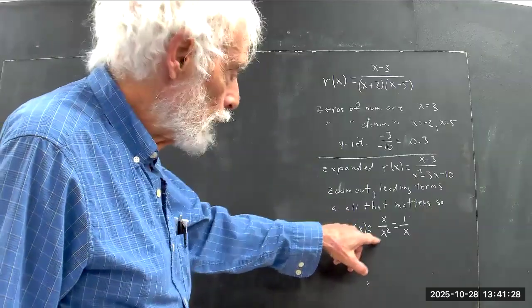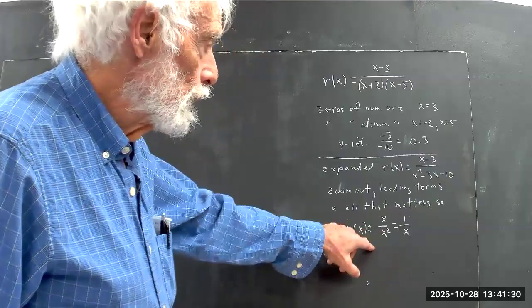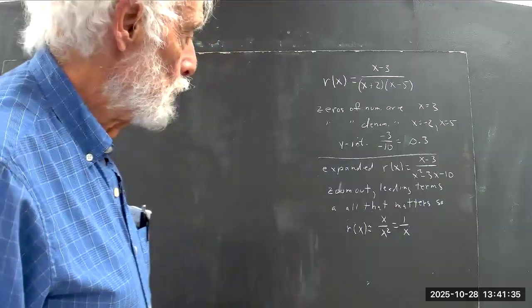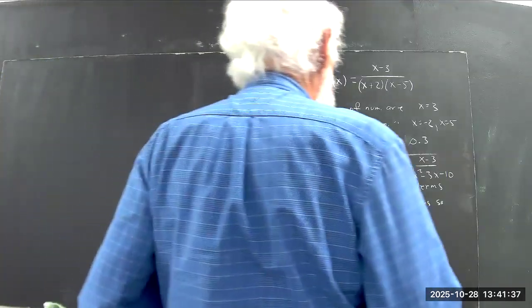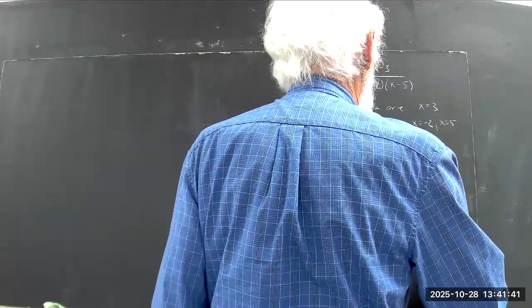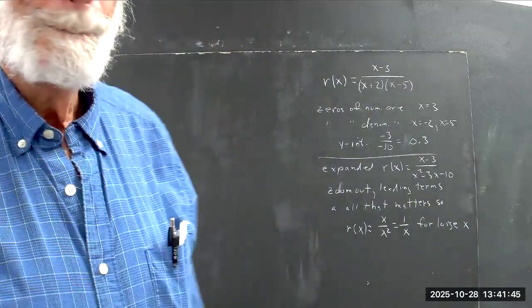So R of x is approximately x over x squared. Ignore all the rest of the stuff. It's 1 over x for large values of x.